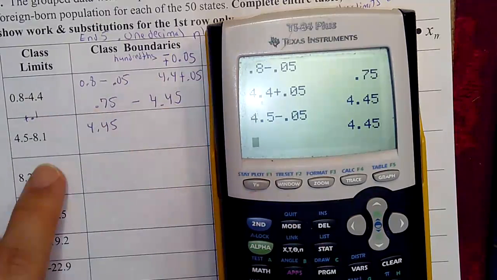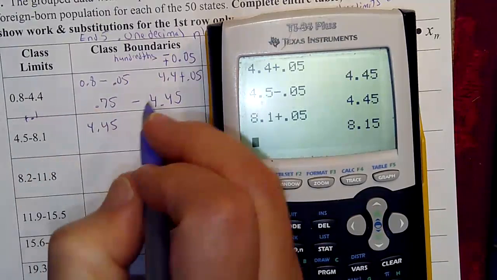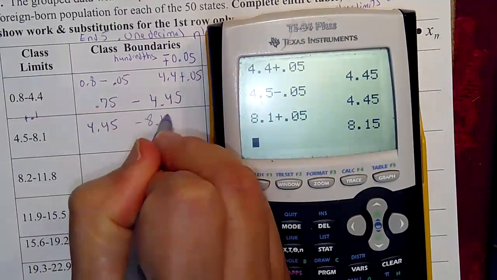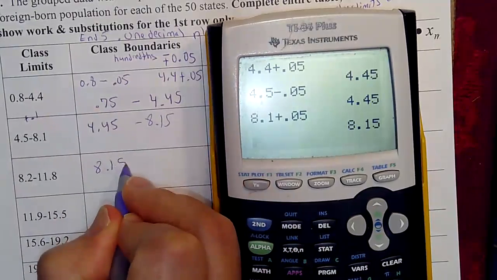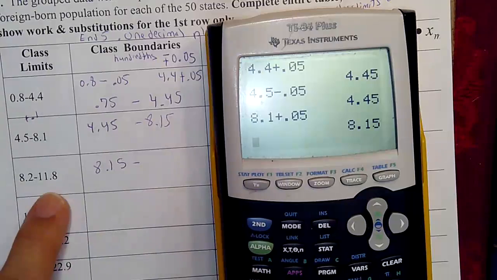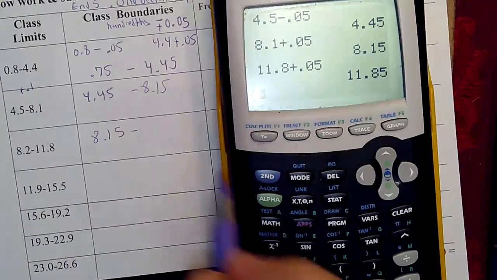And then here, 8.1 plus 0.05 is 8.15, and again this would have to be 8.15. Then 11.8 plus 0.05 is 11.85.